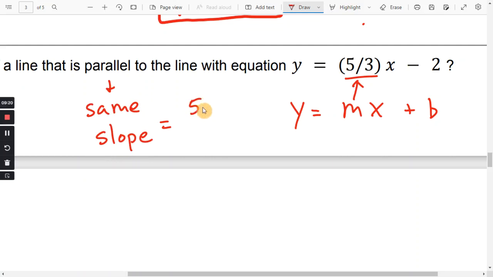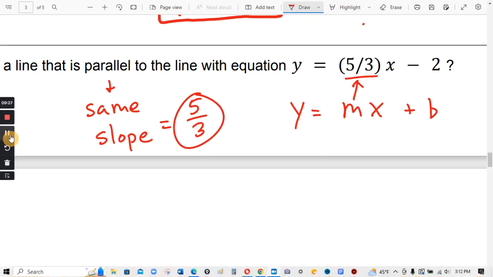So it's still going to be 5/3 for the parallel line. The day before, we did a perpendicular slope. You'd have to take the negative reciprocal, flip it, and change the sign.